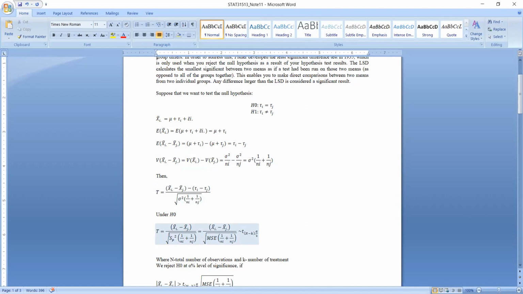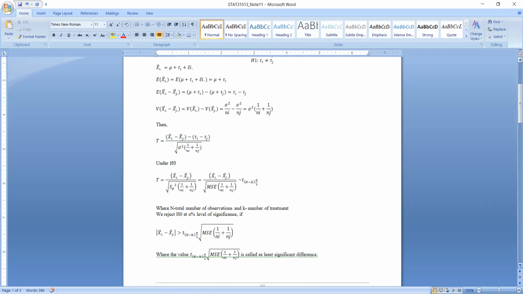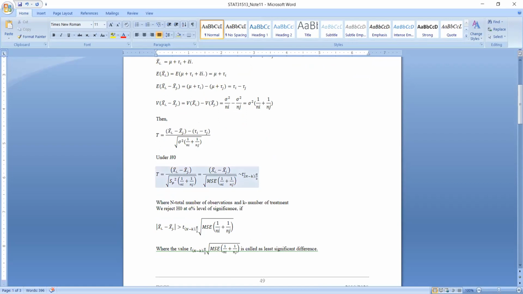For the sample variance, you can use the mean square error as a good estimator. So you can replace sigma squared by the mean square error value. This test statistic has a T distribution with degrees of freedom n minus k, where n is the total number of observations and k is the number of treatments.